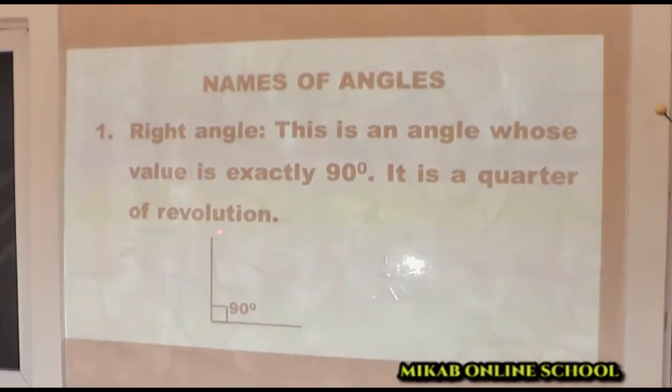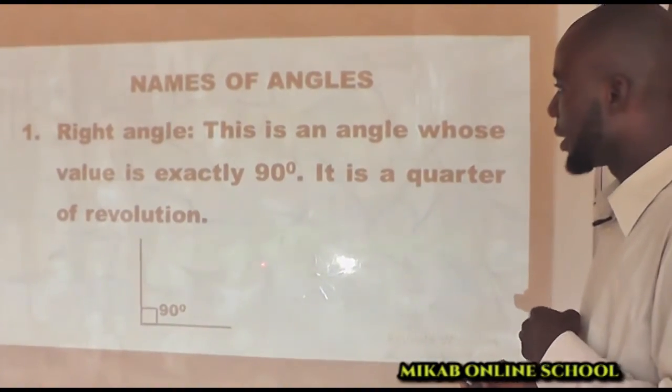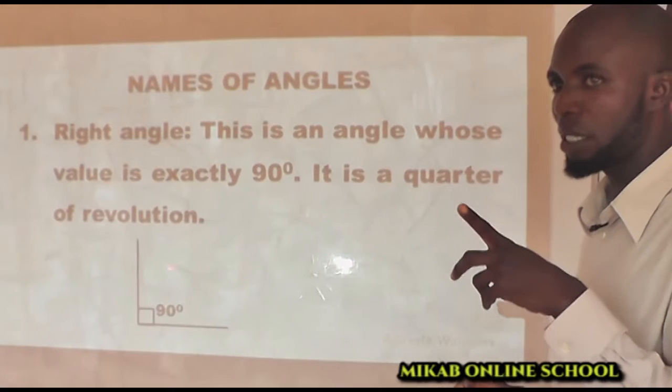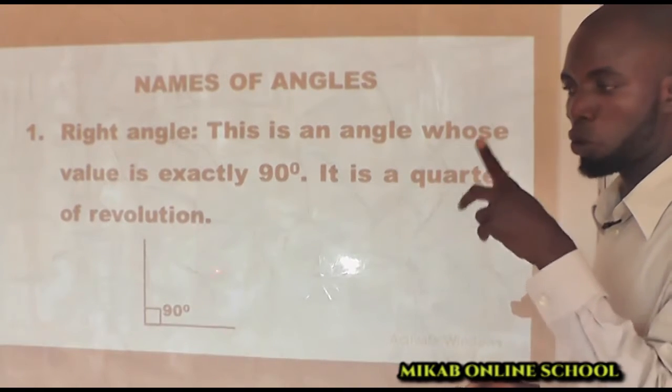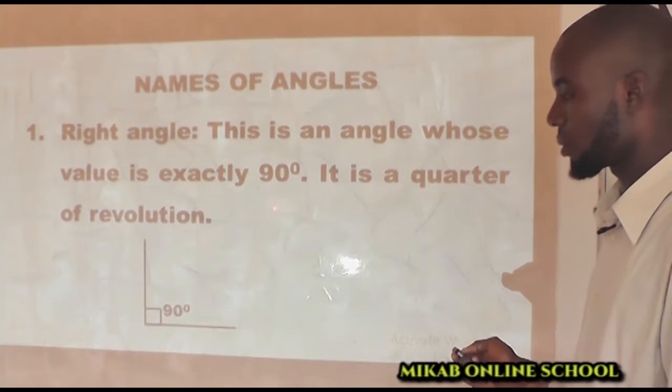It can also be referred to as a quarter of a revolution, because a revolution is a complete circle, and a complete circle has the sum of its angles to be 360. A quarter of it is 90 degrees.